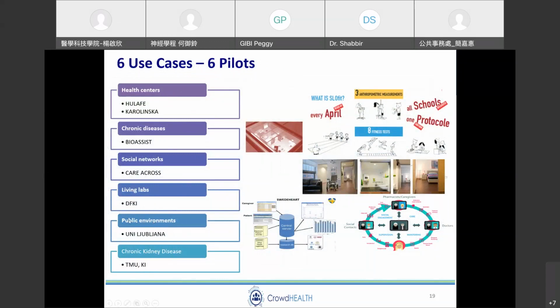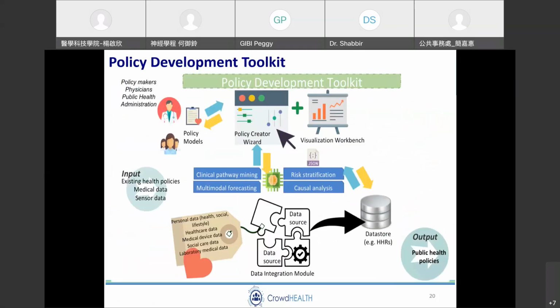Others are working on public environment. Some were working on living labs, social networks, chronic diseases, and health centers. So there were 6 different groups working on 6 different areas. And at the end, we need to develop toolkits for developing a policy by data-driven evidence modules.